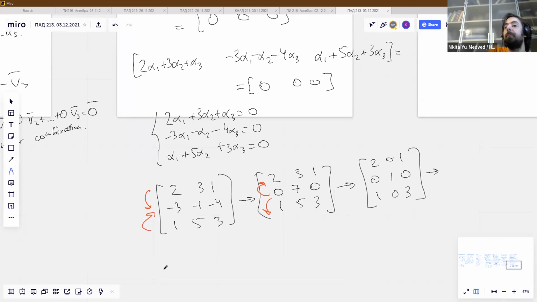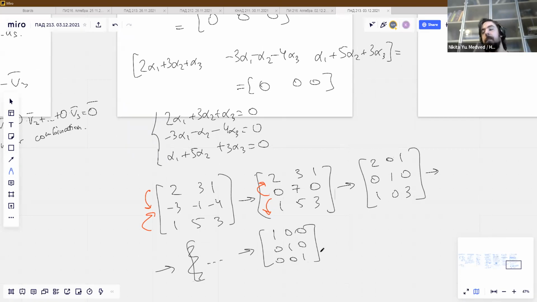Now, it's easy to finish. It's kind of obvious what will be the result, because this minor now, 2113, is obviously non-degenerate. It is non-zero. So I will do several operations, but in the result, I will get this.